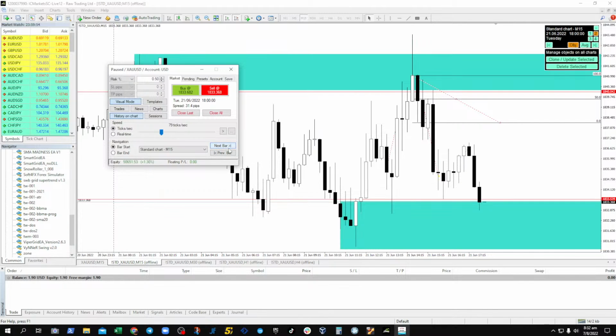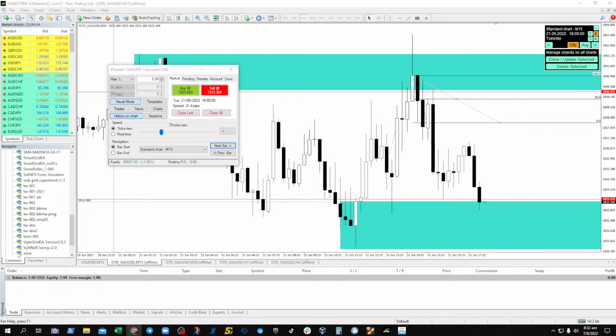It's a good idea to close it anyway, because price just wants a range. Price just ranges there. Not a very good place to trade.